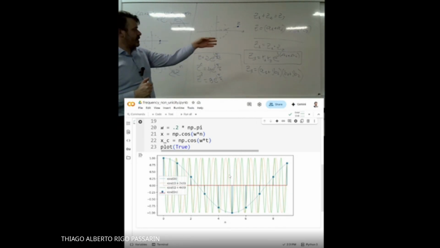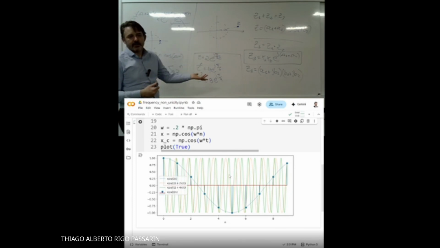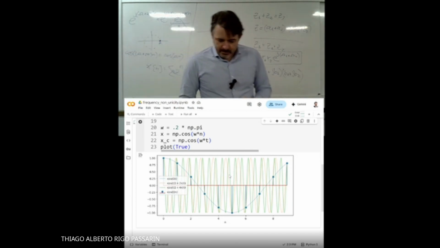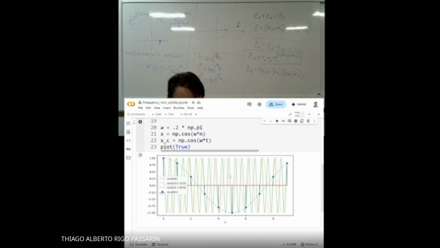I'm plotting here the example for a cosine. This extends, of course, to sine, and consequently to complex exponentials with unit radius, right? Complex exponentials with unit radius, because they're composed of cosines and sines. So that's it about the non-unicity.